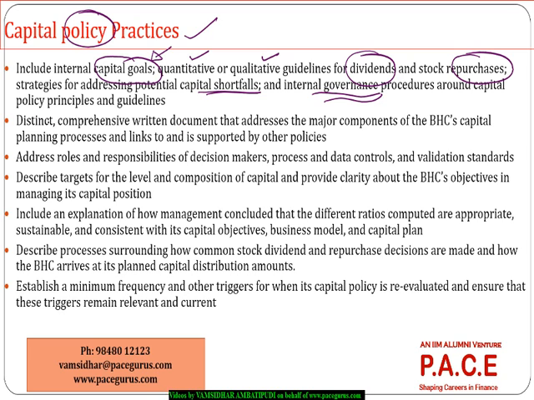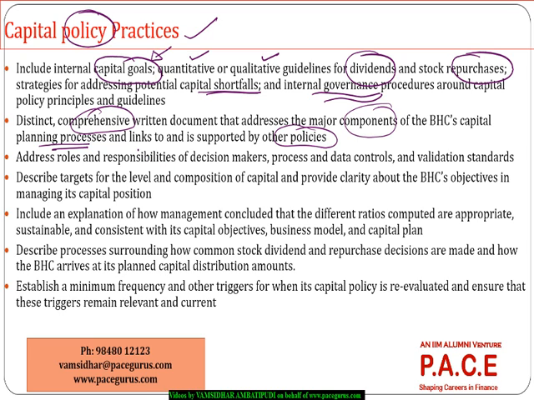And what the supervisory simply says is, all these things should be comprehensively written, and they should address almost all the major components of the capital planning process of the BHC. And they can't be isolated. They have to be very strongly linked with the business model. They have to be strongly linked with all the other business growth related policies of the company.